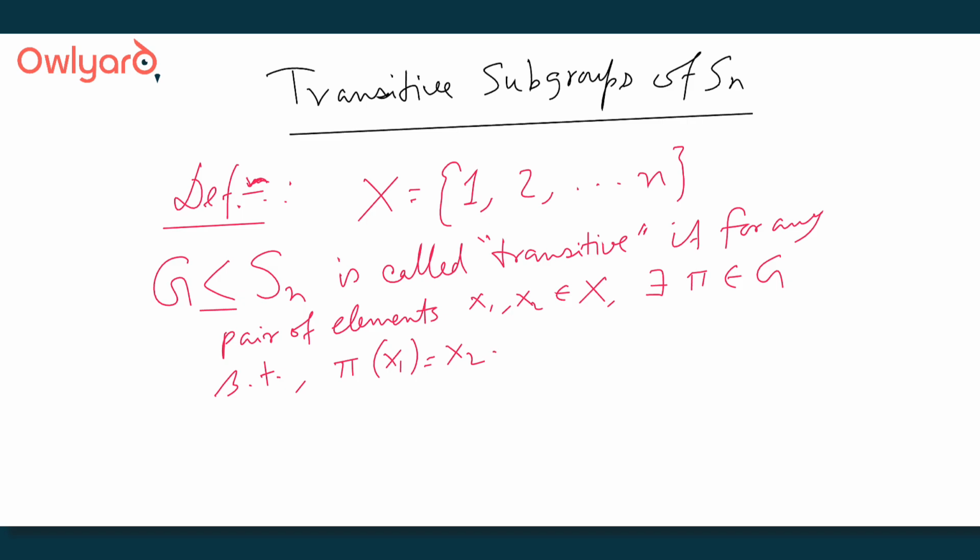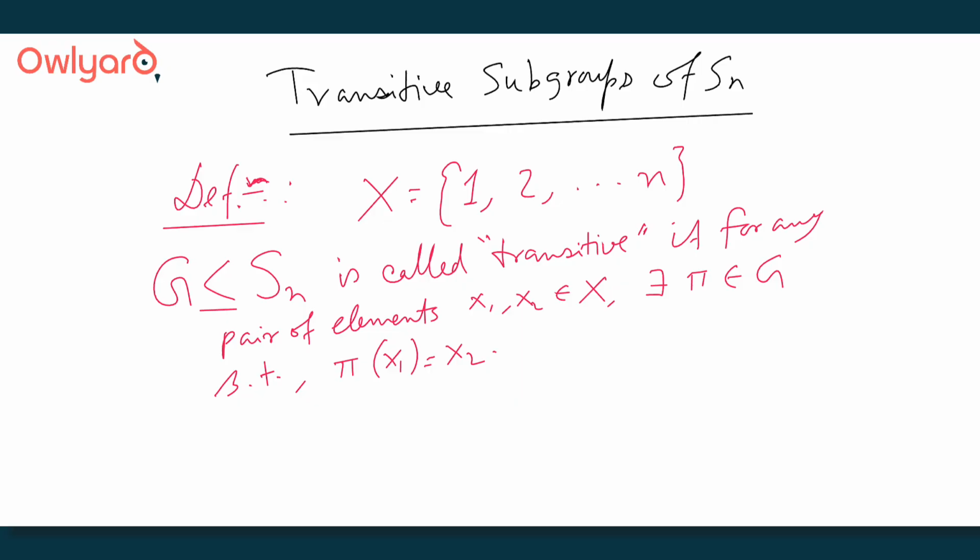So, in simple language, what it means is you can choose any two elements from your set, and there will always be a permutation that we'll find in the group that maps one of the elements to the other.